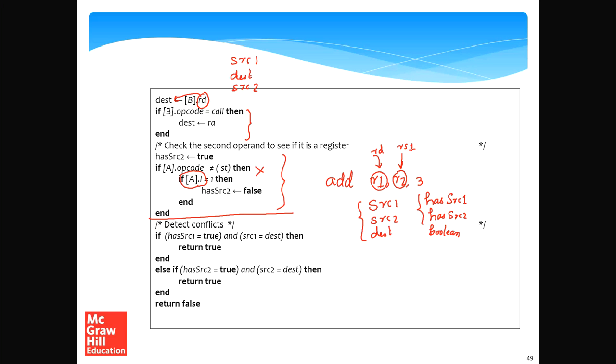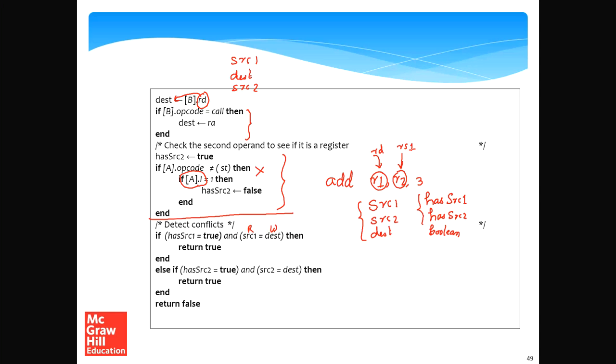Now detecting conflicts is very easy. If a certain instruction has a valid first source register, and src1 is equal to dest, this basically means that dest is the write and src1 is the read.